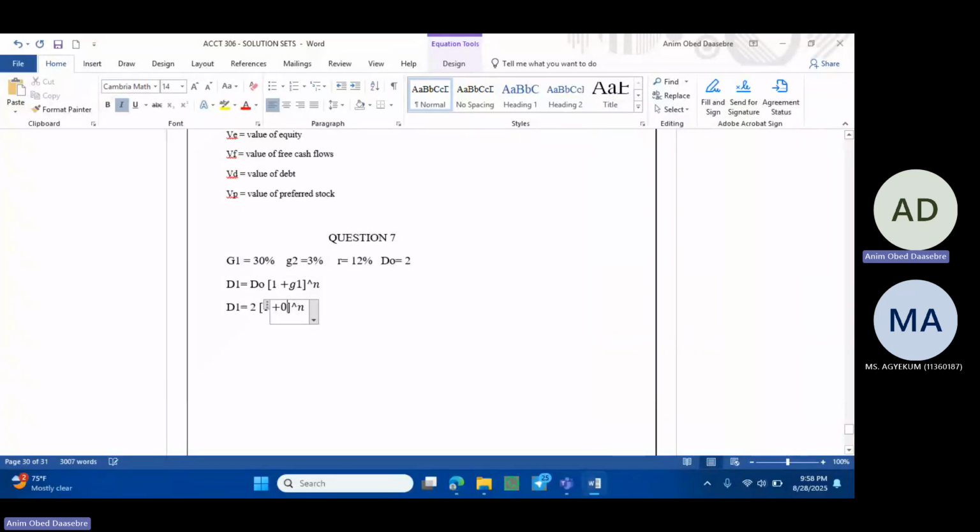So G1 is 30%. The first year, so N will be 1. When you do that, what will be the value for that year? Go to your year 2. Year 2, 2 cedis. Then the G1 is 30%, and year 2, N will be 2.